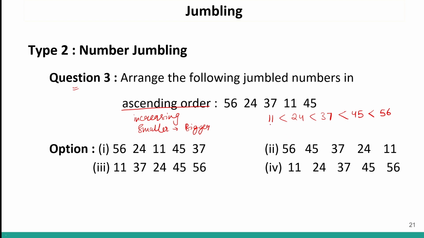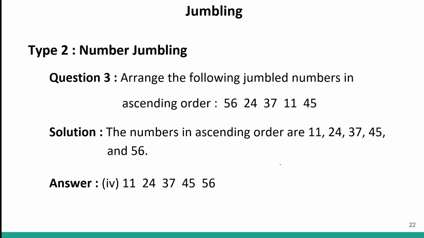So the correct order will be 11, 24, 37, 45, 56. This is given in option number 4. So option number 4 will be the correct answer. Okay. Here you can look at the solution.